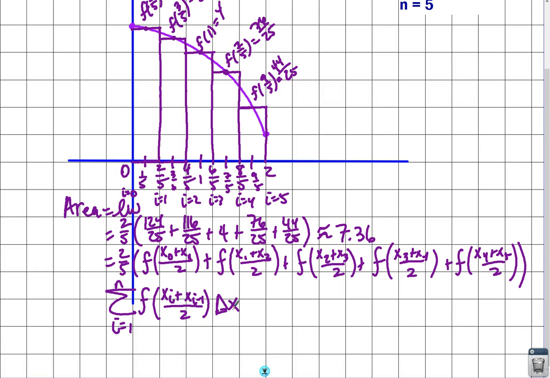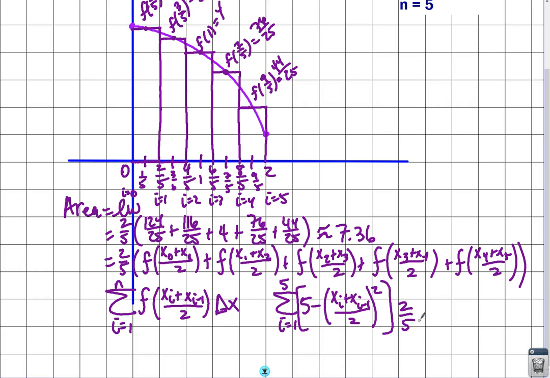And specifically for this one, we had I equals 1 to 5. We did f of x of I plus x of I minus 1 over 2, squared, times, oh no, sorry, 5 minus that, times one more, 2/5.